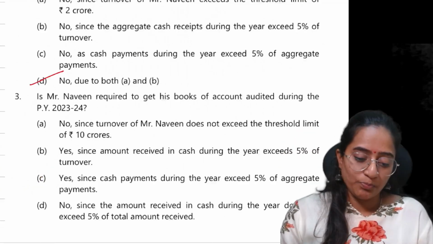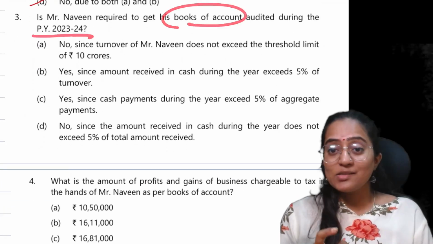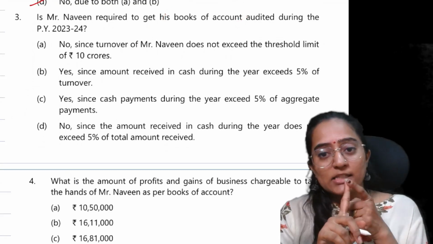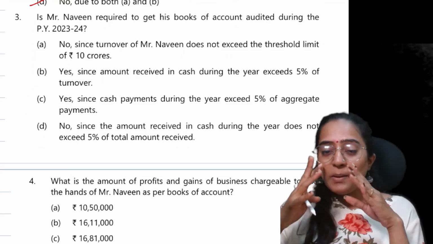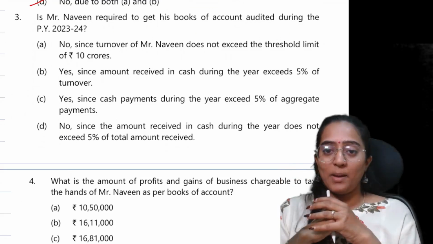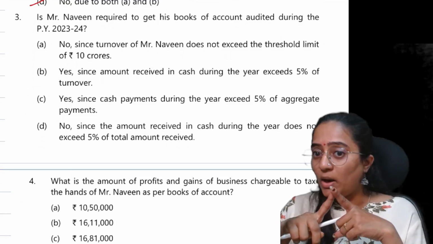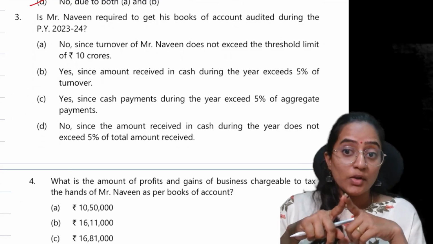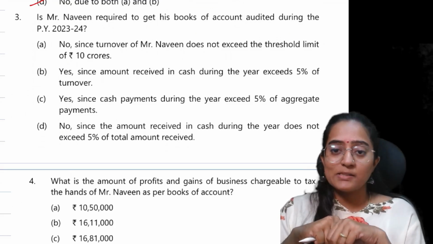That is option D. Is Mr. Naveen required to get his books of accounts audited during the PY? So now the point which I told about the cash payment and the cash receipts would come into picture. If you want to get your books of accounts audited, the section which would be applicable is section 44 AB. If your turnover exceeds 1 crore rupees, then you have to get your books of accounts audited for business.